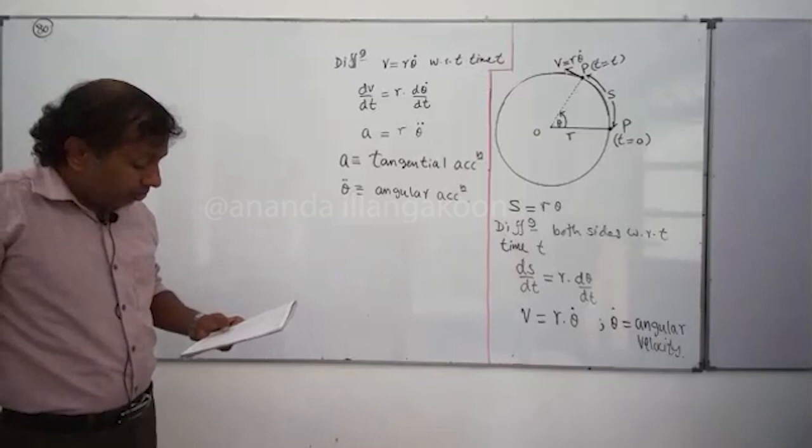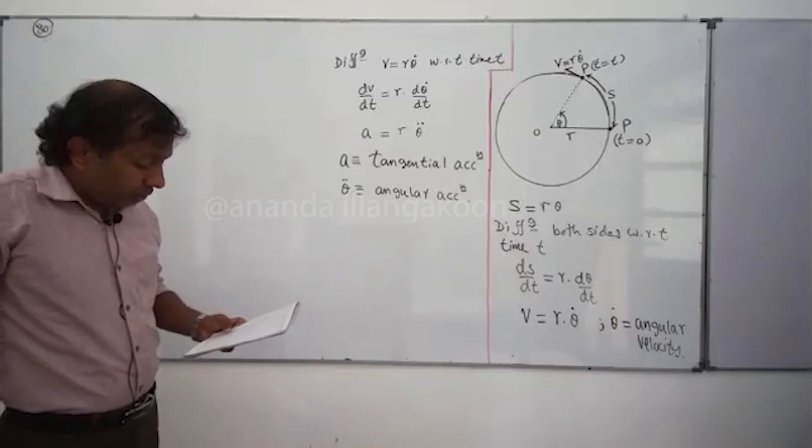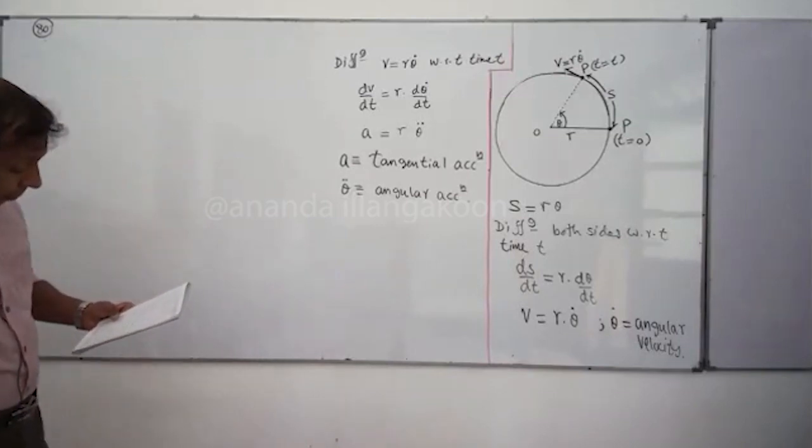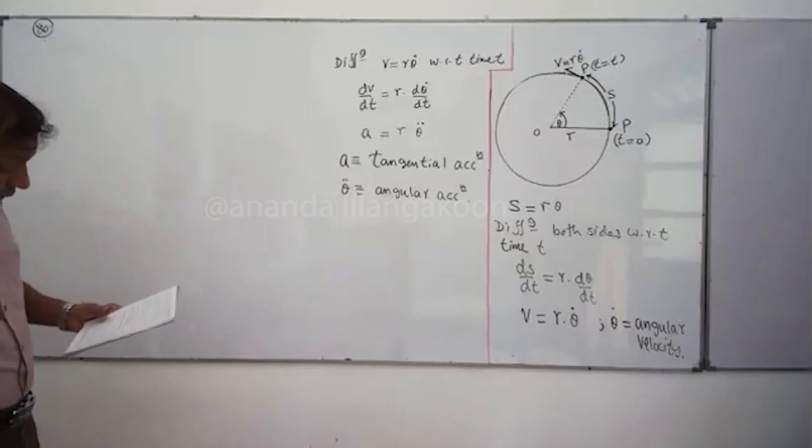Initially, the string is taut along AB with the particle Q at the point B. The particle Q is slightly displaced from this position, and in time t, radius OQ turns through an acute angle theta.